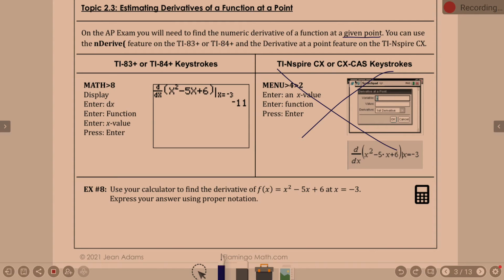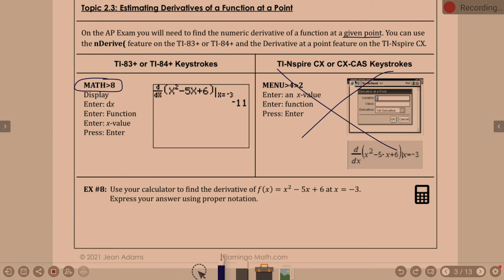That's what I'm talking about, at a given point. So where you want to go is your math menu, number 8. And you can practice with this one right here. Math 8, is that what it is? And it brings up a little fill-in-the-blank thing, yes? Okay.